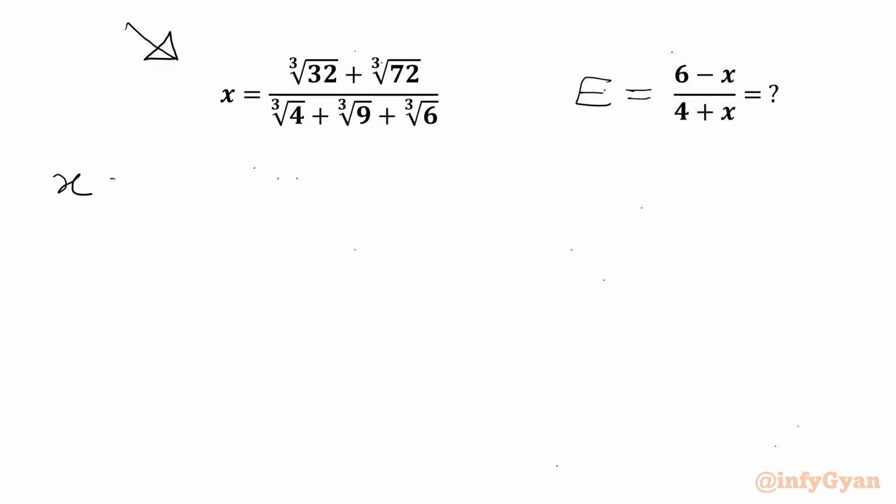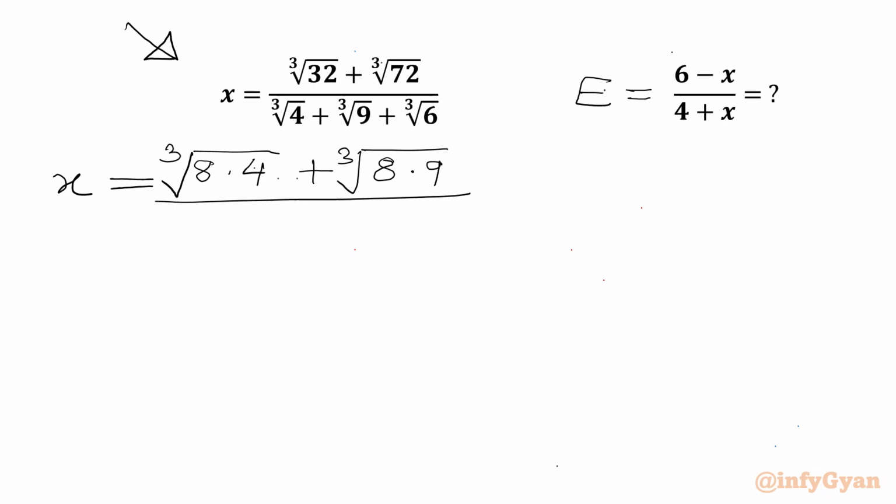Now I will begin with x. Cube root 32, I can write as cube root of 8 times 4, plus cube root of 8 times 9, over cube root 4 plus cube root 9 plus cube root 6. Now we know that cube root 8 is 2.